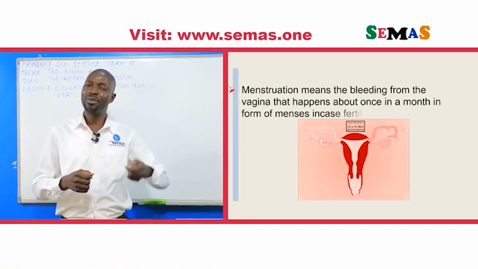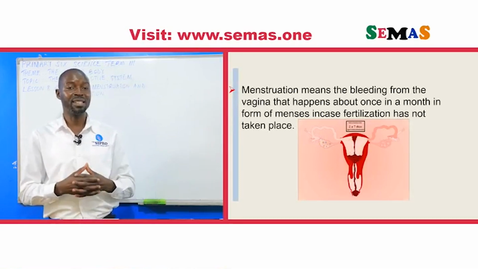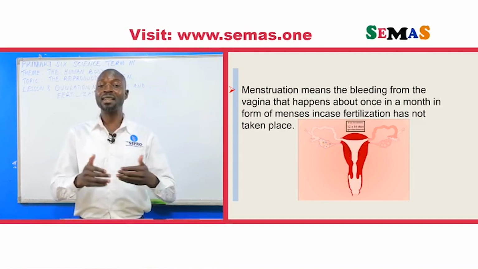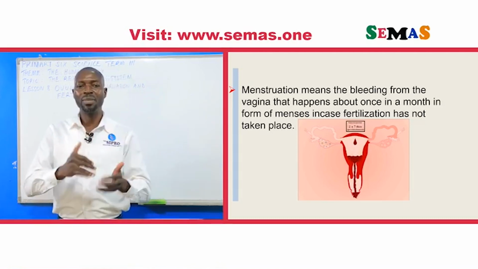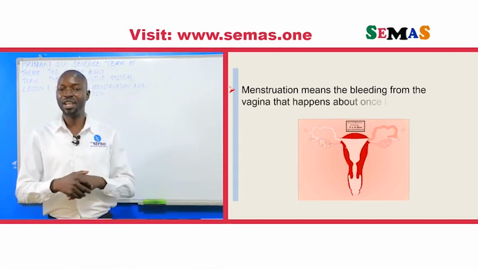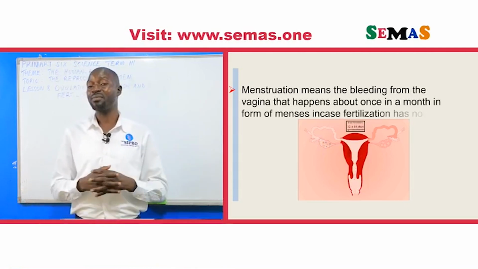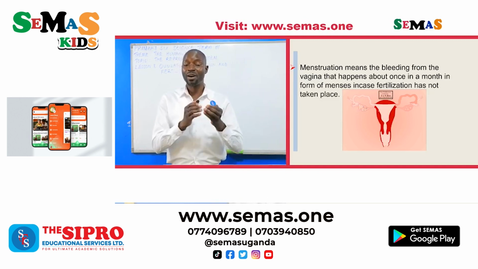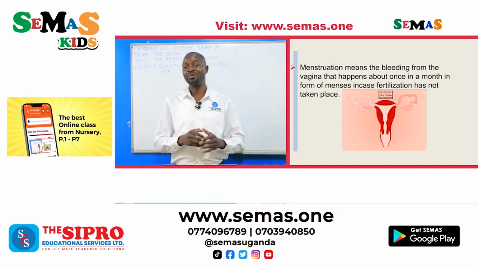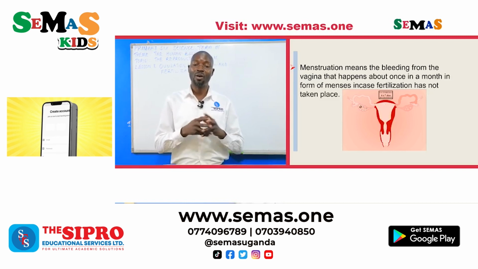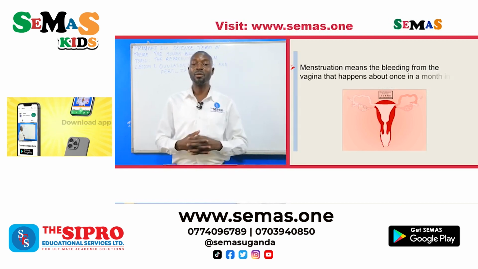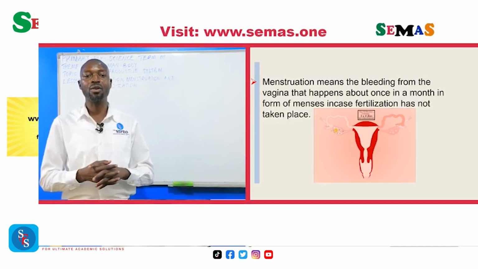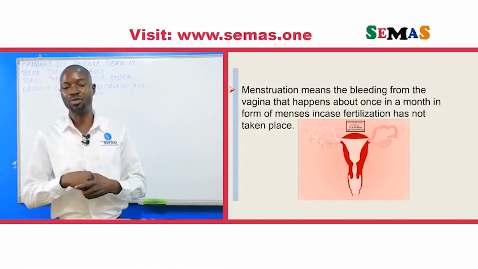So menstruation, from our previous lesson we gave the meaning: it is bleeding from the vagina that happens about once in a month, and it occurs because the ovum and whatever was prepared to receive the fertilized ovum are shed off in the form of menses from the uterus. So that is what we call menstruation.